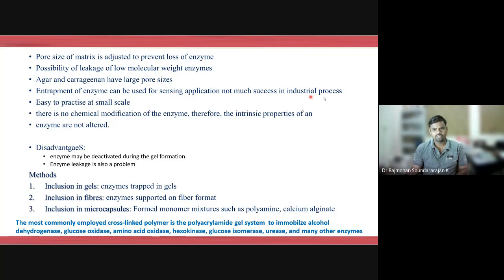Not much success in industrial processes because, as I told you, the biosensors are the same. When you are not able to do it on a large scale, we can always use it on a small scale, like a probe kind of thing. On a small scale, we will entrap this and put it in the medium to take the readings. To estimate or to identify leakages, this kind of electrochemical sensor, bioelectrochemical sensors, are used.